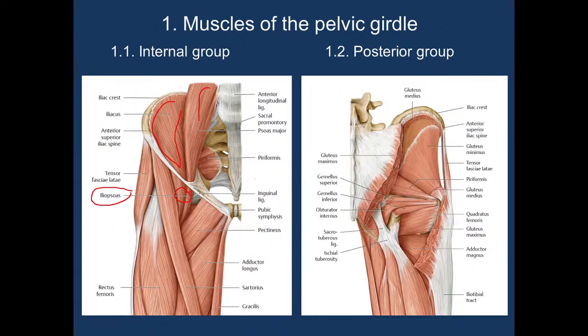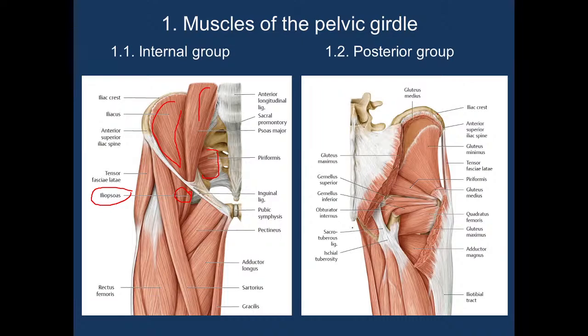The internal group also has musculus piriformis, and even one muscle located on the obturator foramen, obturatorium. We call this muscle obturatorius internus muscle.